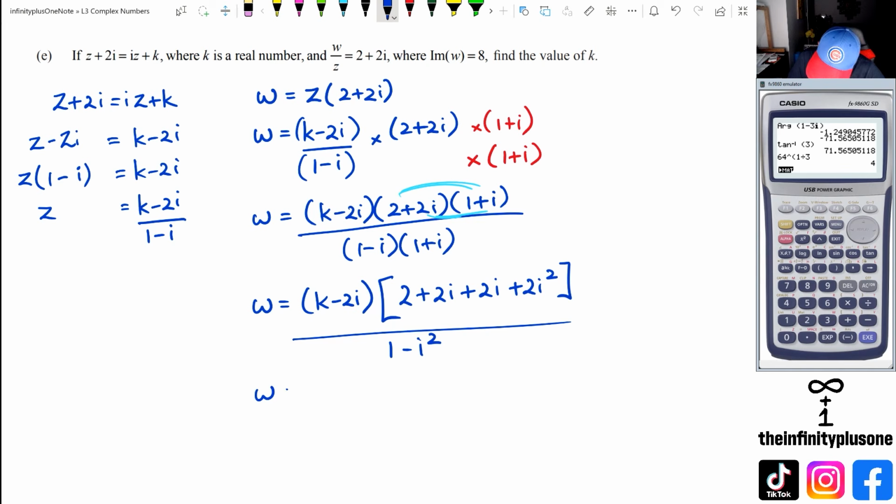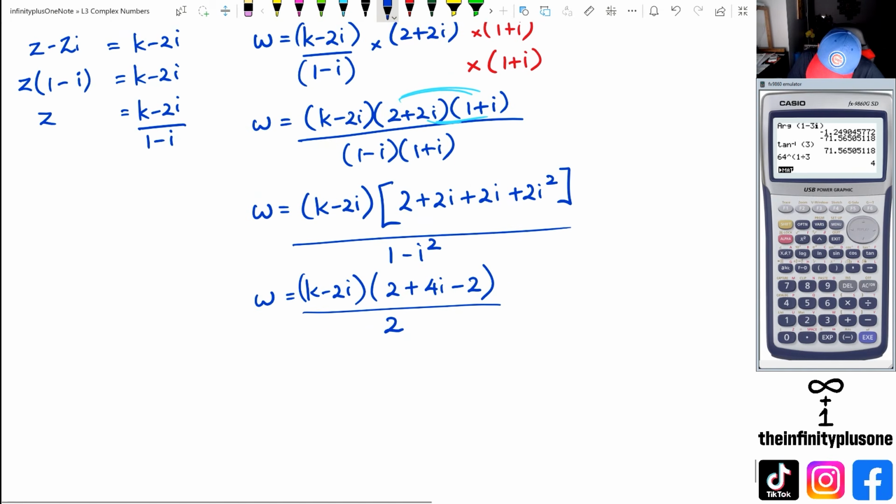I'll take care of that in the next line. So I've got K minus 2I multiplied by 2 plus 4I, and then minus 2, because I squared equals -1, and -1 times positive 2 is -2. And in the denominator, I've got another I squared, so 1 minus minus 1 is equal to 2. We're getting there slowly.